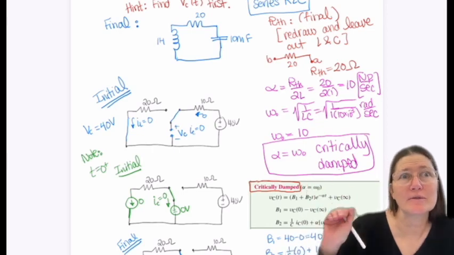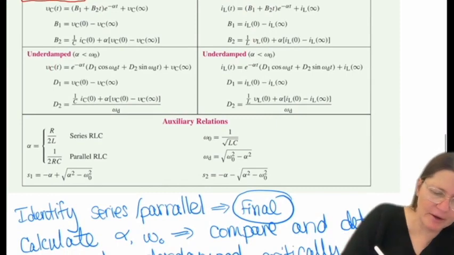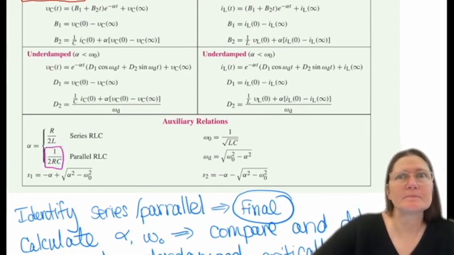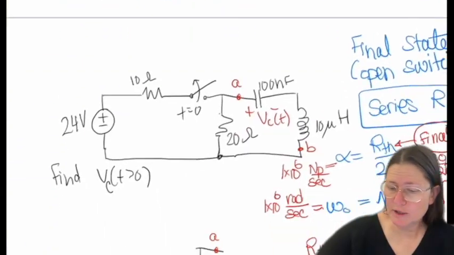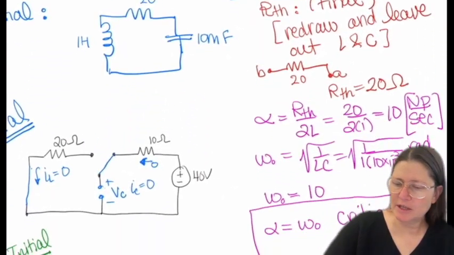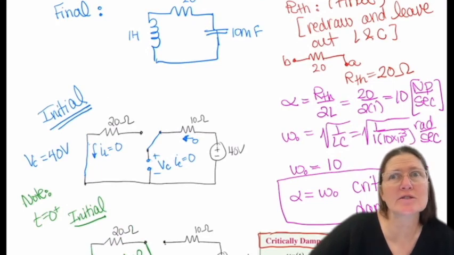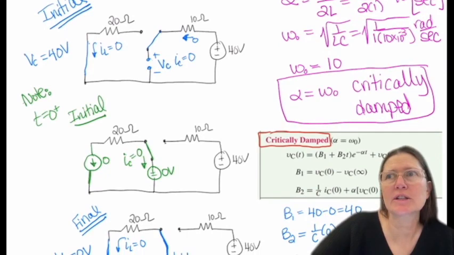Note that it's different for parallel, and for parallel it's 1 over 2 RTH C. You should have found that alpha ended up being 10 nepers per second, and omega naught is 10 radians per second, so with them equal, critically damped.